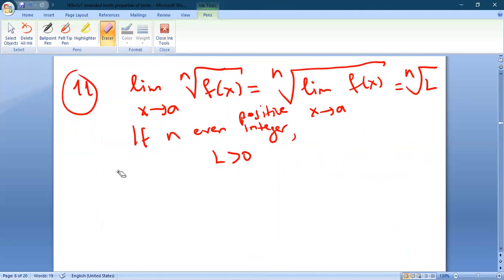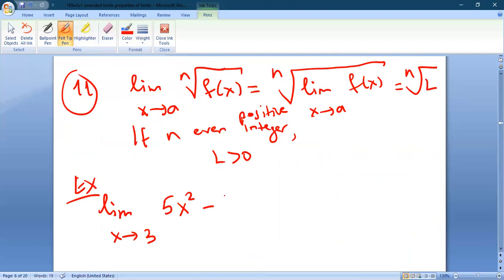Is there any other rule I want to say? Let me do some examples. For instance, the limit as x goes to, let's say, 3 of 5x squared minus 6x plus 1.